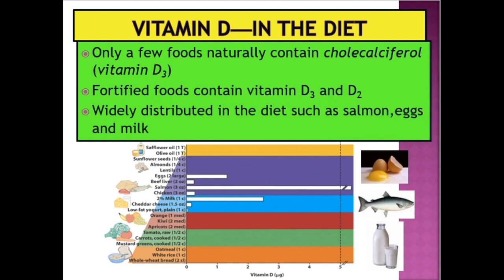Only a few foods naturally contain cholecalciferol, which is vitamin D3. Fortified foods contain vitamin D3 and D2. What is fortified food? Fortified foods are those that have nutrients added to them that don't naturally occur in the food.